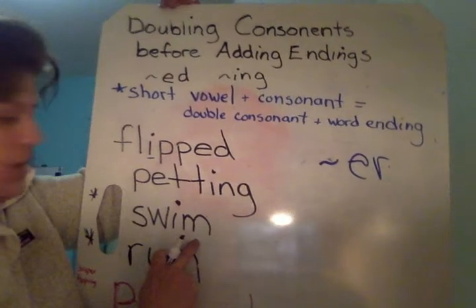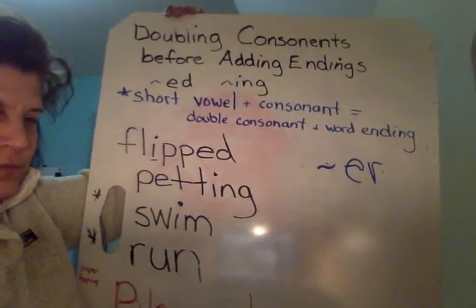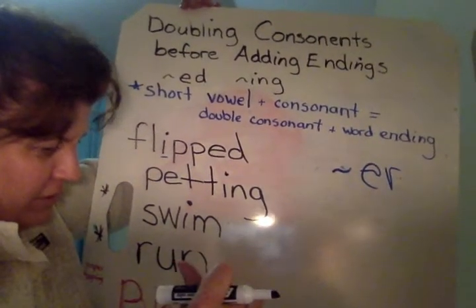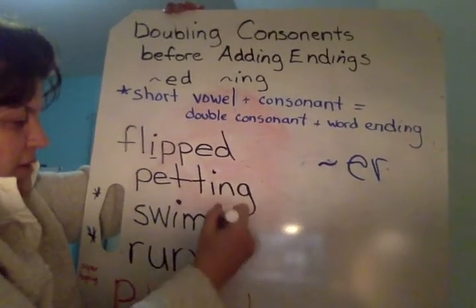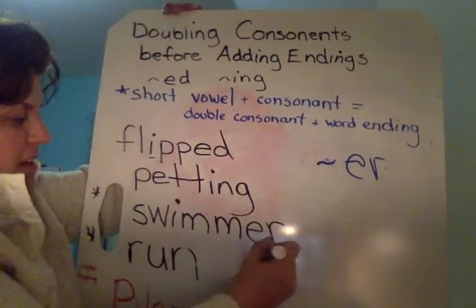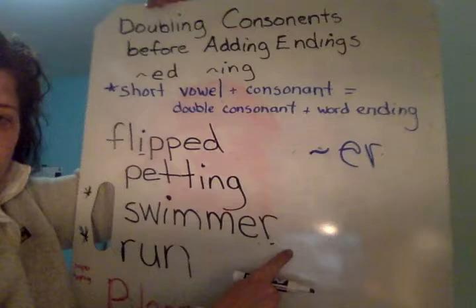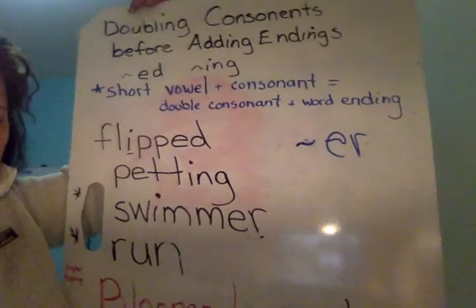Sure is a short vowel. Short vowel, consonant. What do we have to do? Shout it out. I can't hear you. Oh, there's someone. Yep, you're right. Double the consonant, add the word ending, and now we're going to try er. So does swim turn into swimmer? It sure does, swimmer. So it works with er as well.